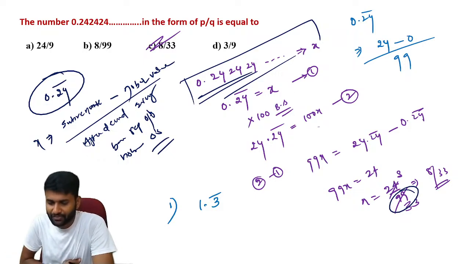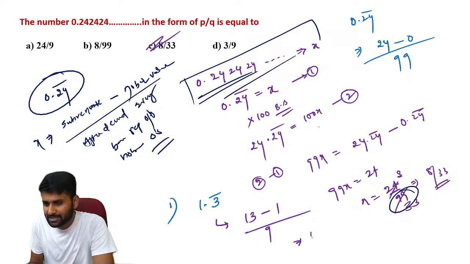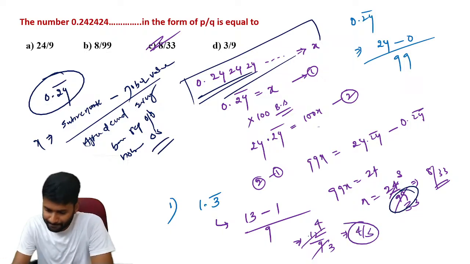Convert this value into a fraction. As I told you, consider the number 13 and the no-bar value is 1. After the decimal we have one bar digit. So the answer is 12 by 9. Dividing by 3, it is 4 by 3. 4 by 3 is the correct answer.